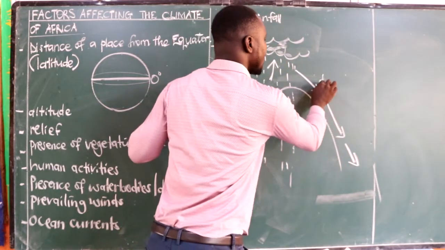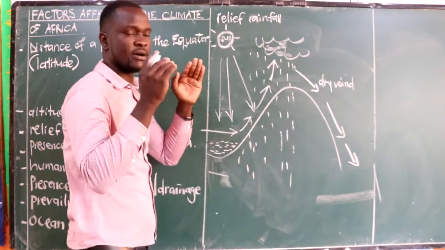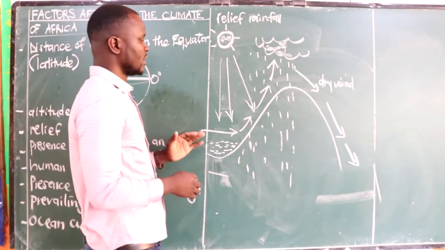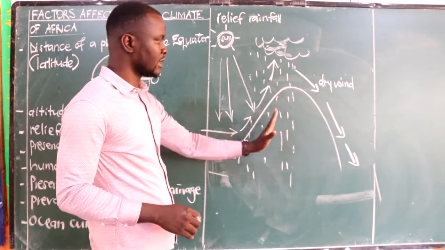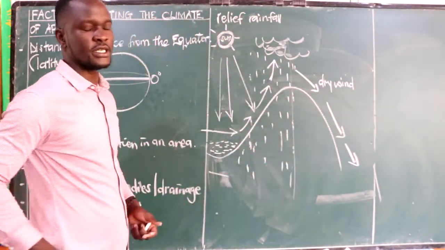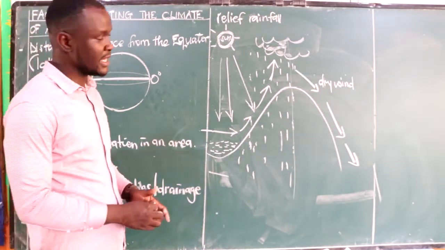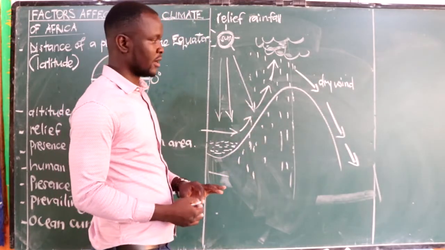This is now dry wind descending. So we shall have two sides in this diagram: one side which experiences rainfall, and the other side which does not experience rainfall.